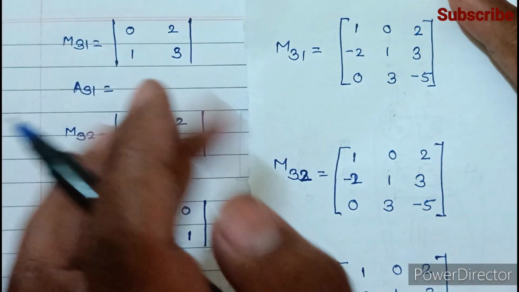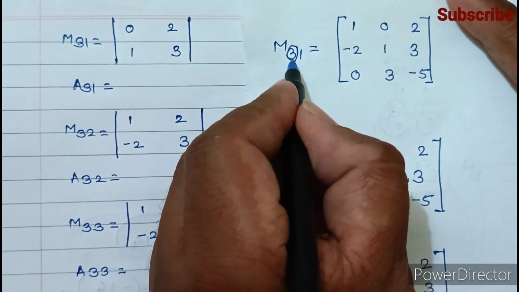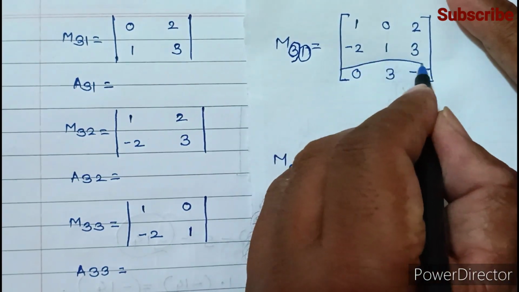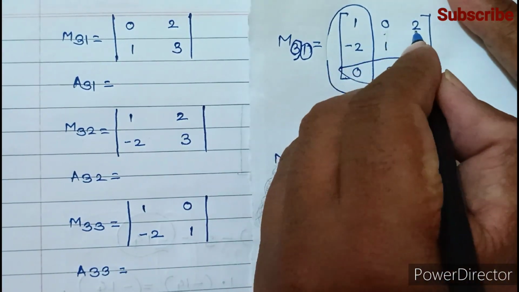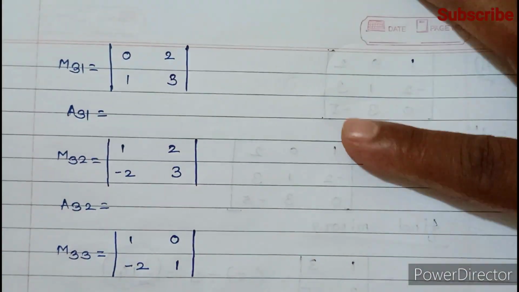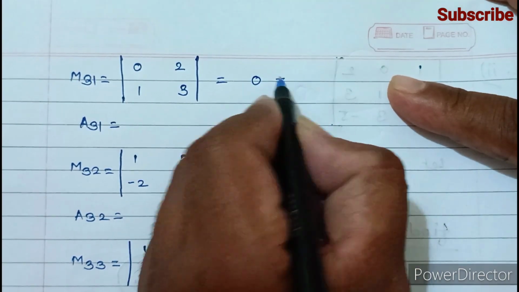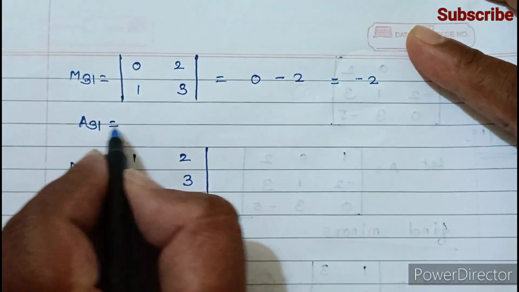Finding the value of M31, eliminate the third row and first column. This is the third row and the first column, which will be eliminated. The remaining elements are 0, 2, 1, 3. Finding M31, that is 0 into 3, that is 0, minus 2 into 1, that is 2, which equals minus 2.